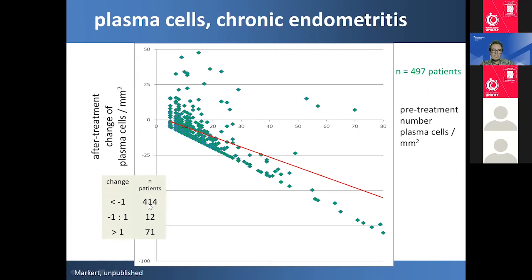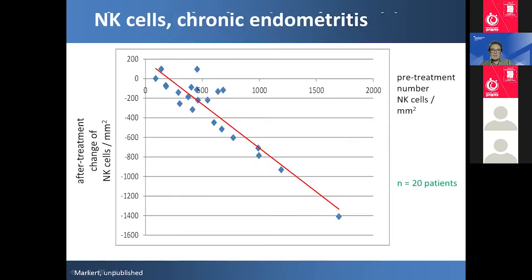So this is shown here. So 414 patients had a decrease, 12 patients had no change, and 71 patients had an increase of plasma cells after the therapy. We have also checked what happens to the NK cells after the antibiotic therapy in only 20 patients, a very small subgroup here, and they have been decreasing also.